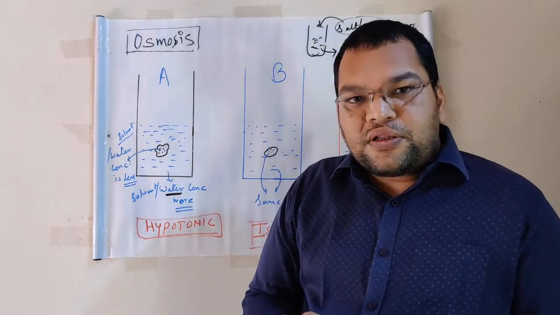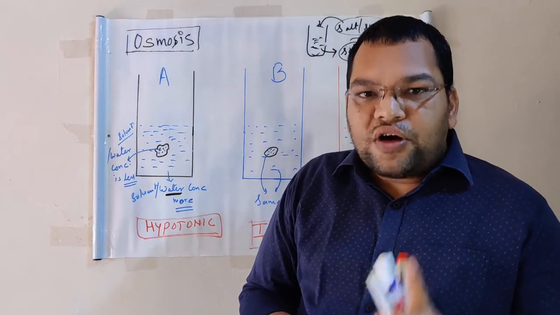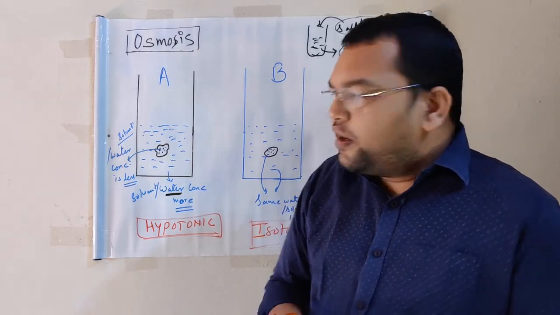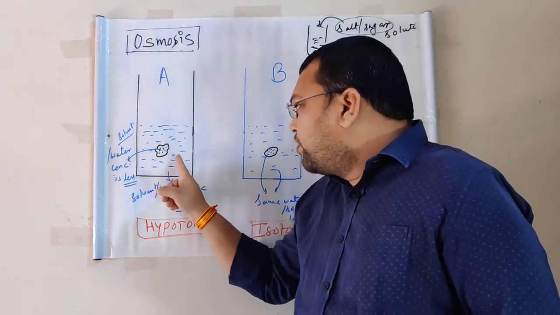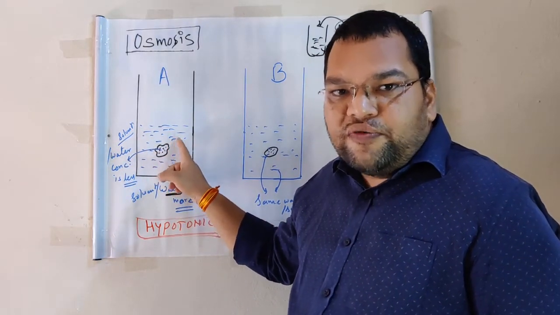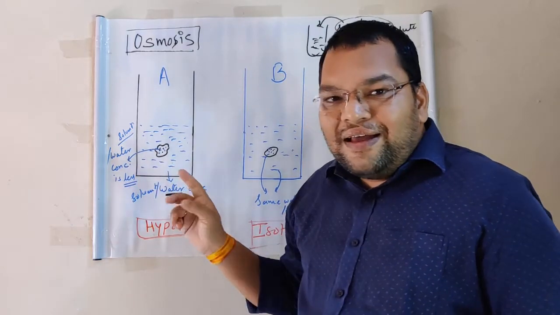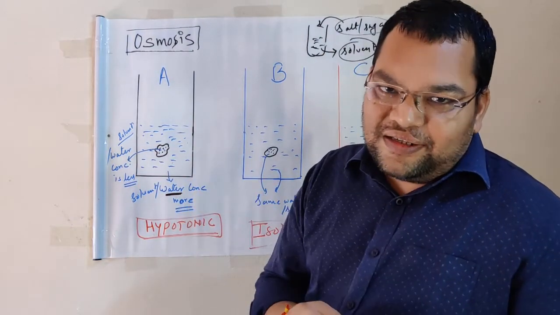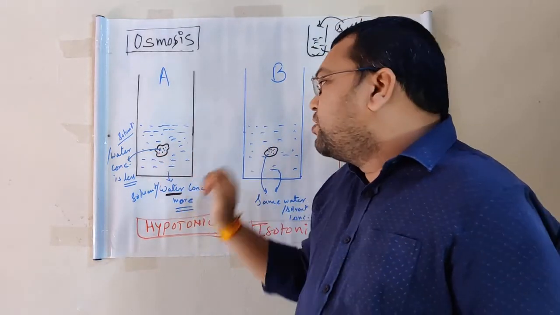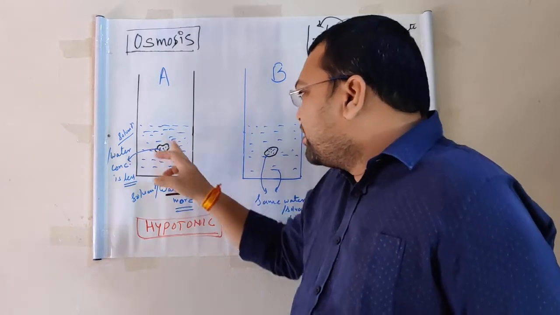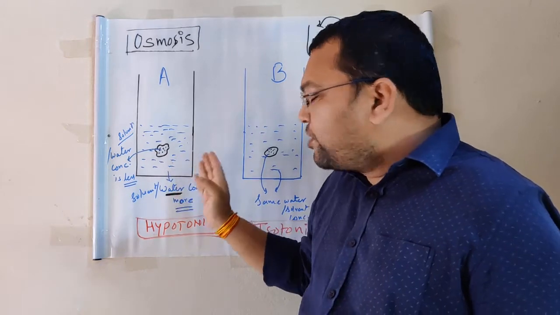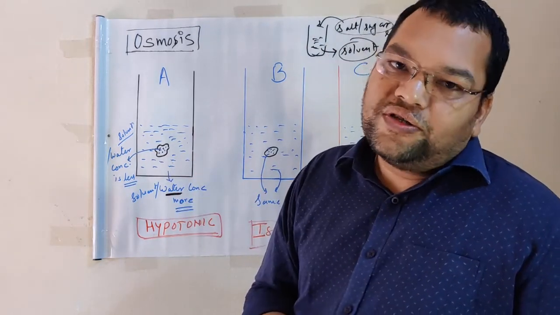Osmosis is a process in which water moves from high concentration to low concentration. In this case also, the water moves from outside the cell towards inside the cell. Is it clear? Okay. So in the first case, when the concentration of water is more outside the cell, surely the water moves inside the cell through osmosis.